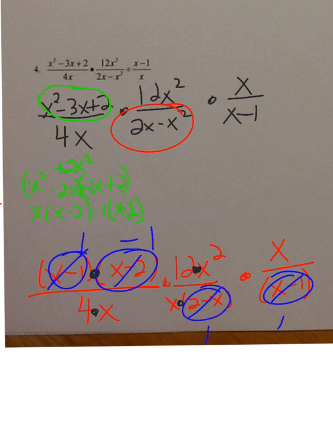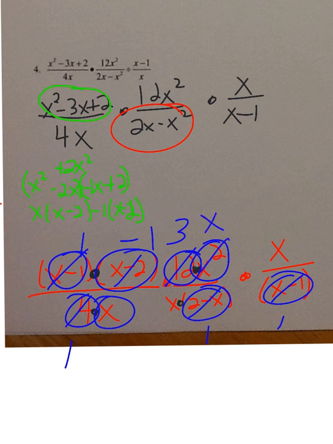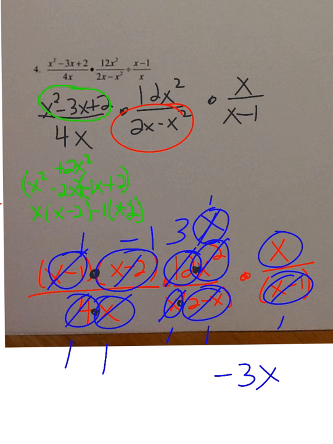Those are opposites. 12 and 4 reduce to 3 and 1. x squared and x, that reduces to x in the numerator and 1 in the denominator. And then I still have an x here, so I can reduce that x with this x. So that reduces to 1 and 1. And then I have an x left there, and there's nothing going on. So what's left in the numerator and denominator? I have negative 3x over 1, which is just negative 3x. Okay, so that's it, and have a good night.